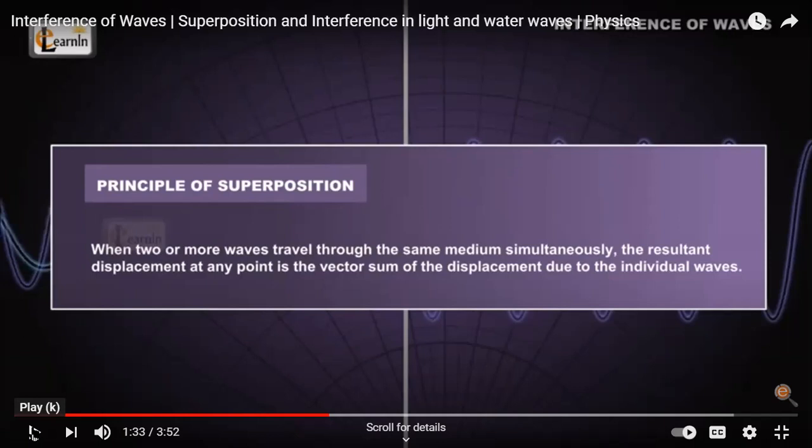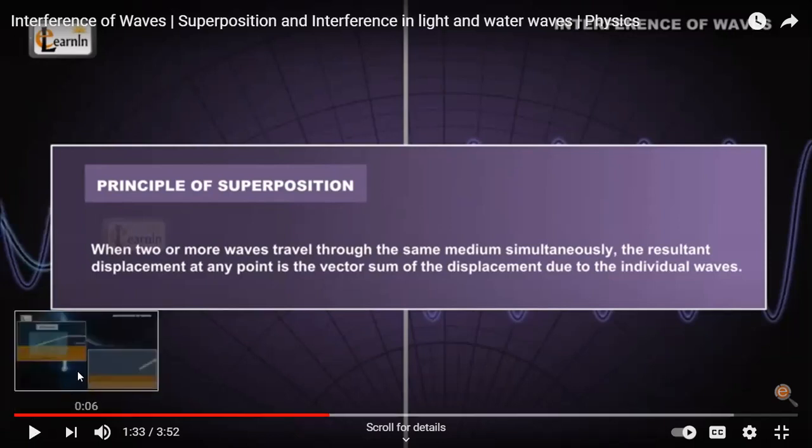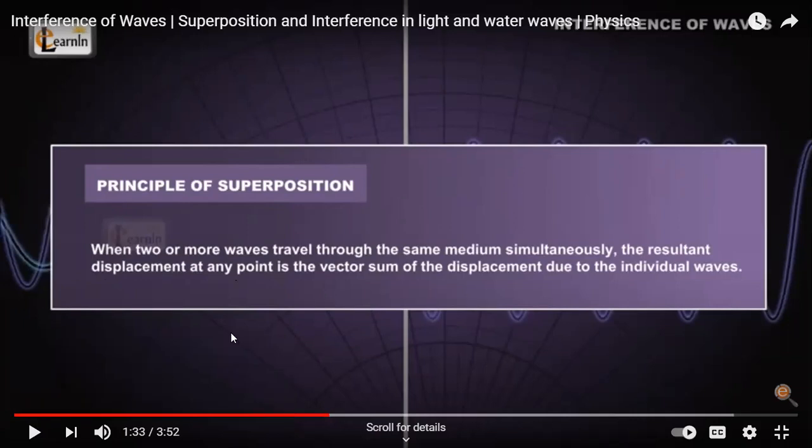That means if you assume that these two waves are traveling simultaneously, then at a given instant of time, say at t equal to t1 seconds, what is the amplitude or what is the displacement? That's what superposition states.